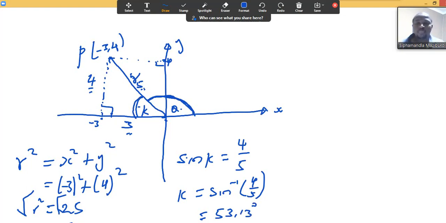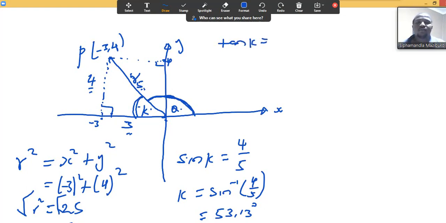So let's say you didn't go all the way to find the hypotenuse, because that was not necessary. You could still just look at k, and then you're looking at the opposite over adjacent, which is tan. Let's see if that works.